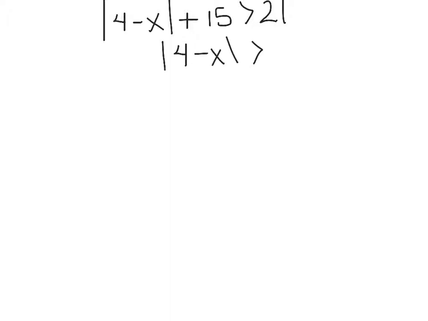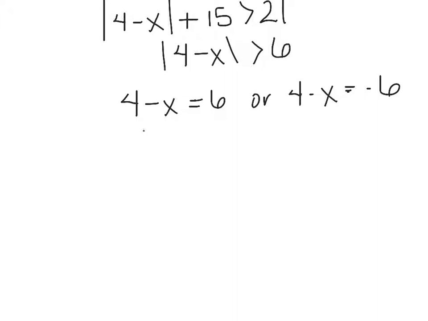And I get the absolute value expression is greater than 6. At this point, we're going to solve this as an equation in order to find our endpoints. So I'm going to write 4 minus x equals a positive 6, or 4 minus x equals a negative 6.